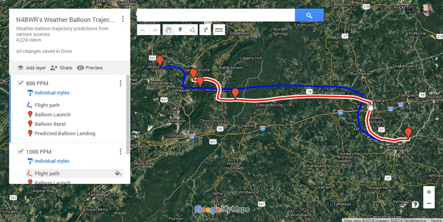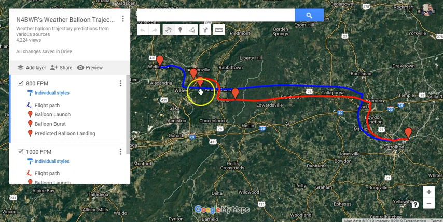So, for example, that turn to the left happens at a specific altitude. I don't know what that altitude is right now, but for the sake of this video and this demonstration, let's say that left-hand turn starts at 30,000 feet. You have the red line and the blue line.